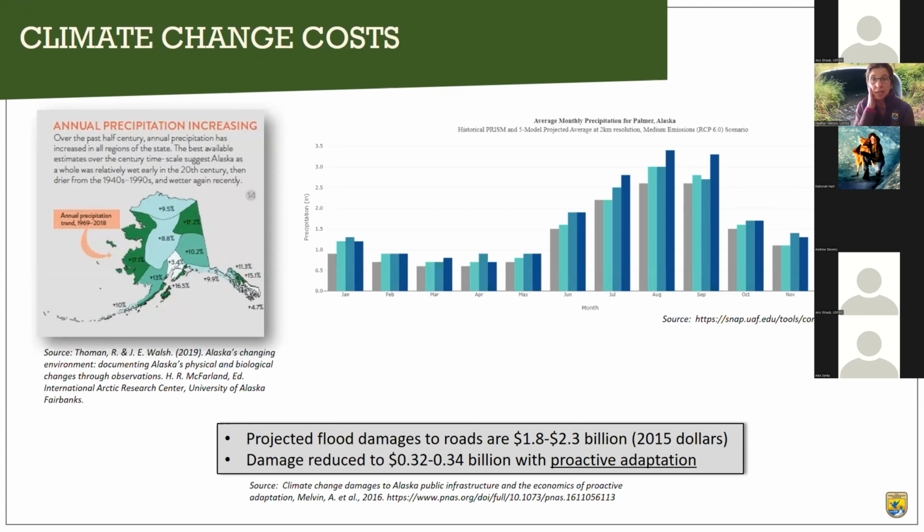This study, Climate Change Damages to Alaska Public Infrastructure and the Economics of Proactive Adaptation, looked at projected flood damages to roads, and in 2015 dollars, because of climate change, they found that damages would be $1.8 to $2.3 billion. But if we proactively adapt, we are looking at a much reduced predicted damage of $0.32 to $0.34 billion.